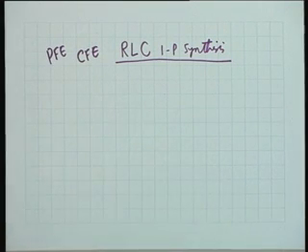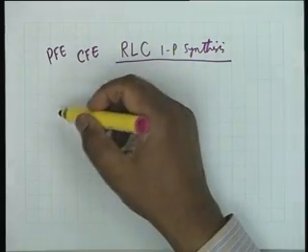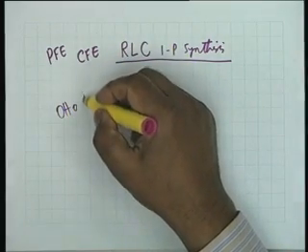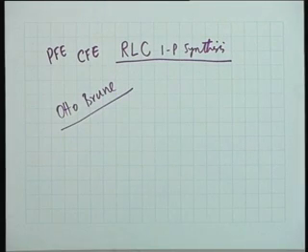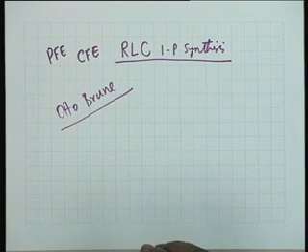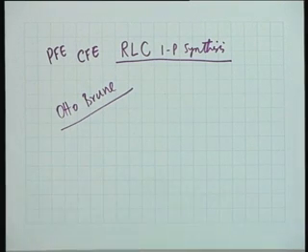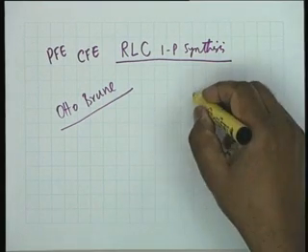Till in 1939, a gentleman, I think I mentioned his name, Otto Brune, a German settled in the United States. Otto Brune, in his PhD thesis at the MIT, Massachusetts Institute of Technology, proved that the most general synthesis of RLC 1 ports, most general and canonic synthesis.